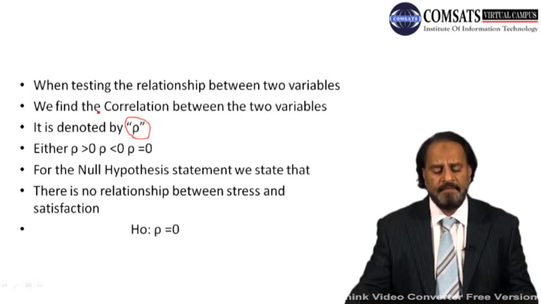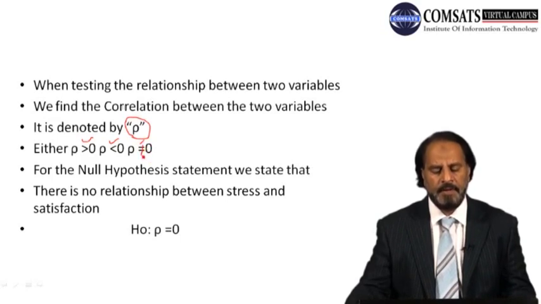So if we find that the correlation between the two variables is positive one, negative one, or not equal to 0, meaning we are saying that there is a relationship, but you don't know whether it's positive or negative.